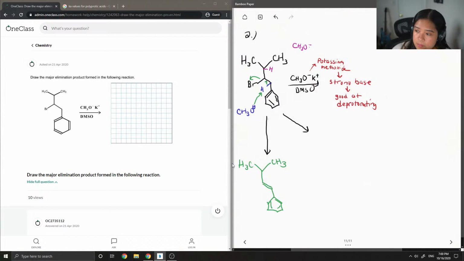We're going to have our base come in and deprotonate this. This will come down, and again, our bromine is going to leave. But this time, the double bond is in a different place.